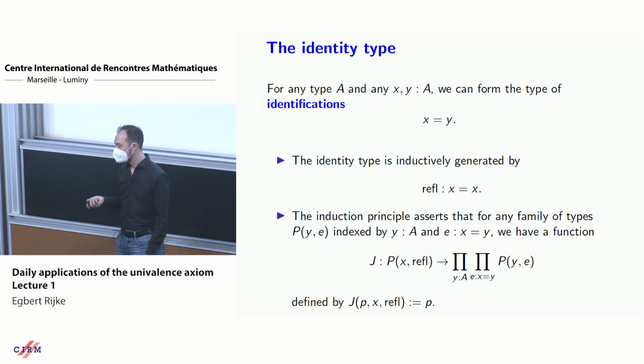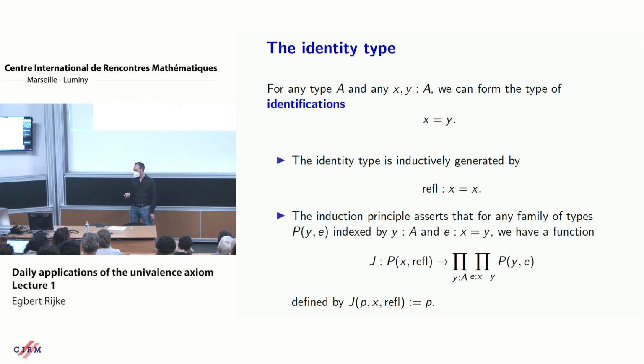And the type family is going to take a variable y in A, and then it's going to take an identification. I call it e here. e is an equality from x to y. It's an element of that type, x equals y. And it tells me what I have to do to prove P of y, e for every y and for every e. And it says you only have to prove P for x, refl, and then you get P for every y and e. So that's what this is saying.